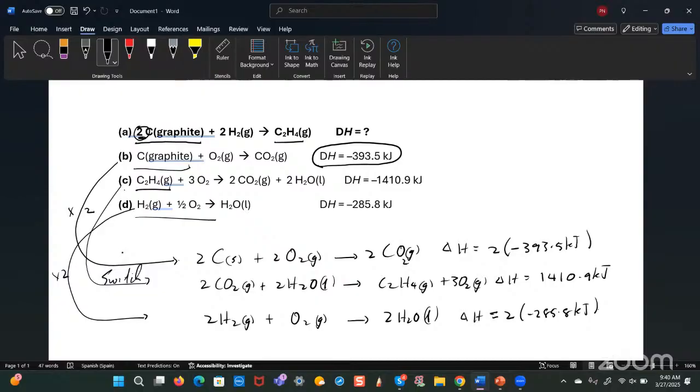so after doing that, when you add up all these equations here, of course, we all know what happens. You cancel out those items that are common to both sides. So in this case, these two H2Os would cancel out with these two H2Os. These two carbon dioxides will cancel out as well.